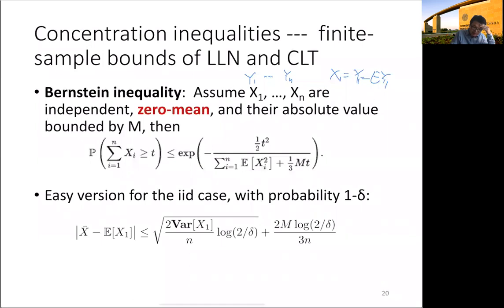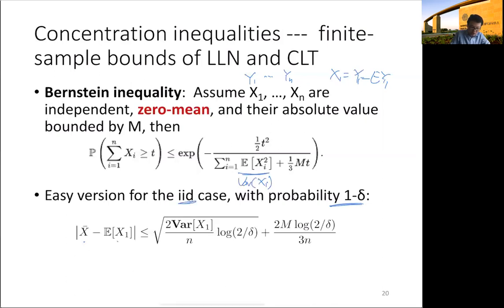Basically now this depends on the variance of xi. When the right hand side depends on the variance of xi, with some algebra, which I will not show you here but you should try to work out yourself, you can get the bound in the same easy to use interface that says with probability at least 1 minus delta, the average converges to the mean with a bound of 1 over square root of n, where inside the square root you have the variance of x.